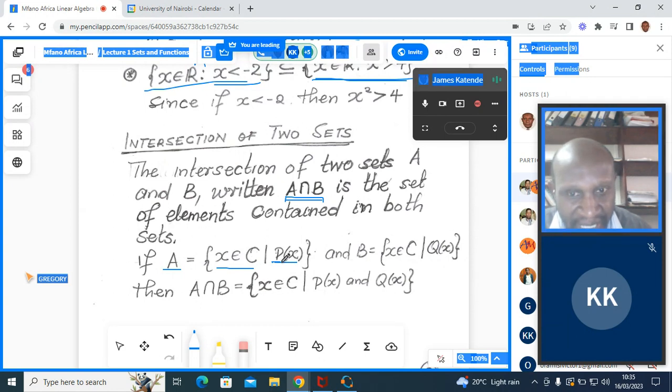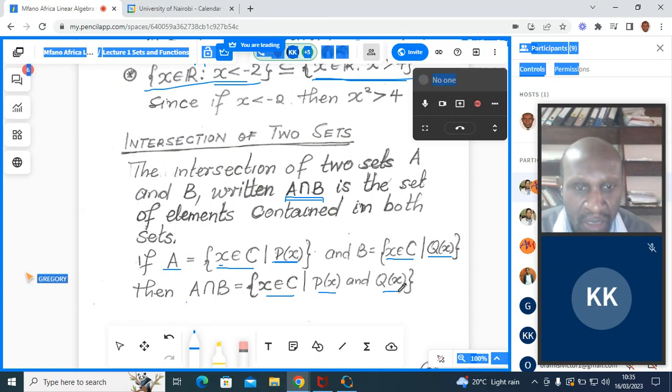So P(x) here is just some property that the element x satisfies. The second one also are elements from the same set C which satisfy a different property, but they may coincide at some point. So the intersection will be all the elements in C that satisfy both properties.